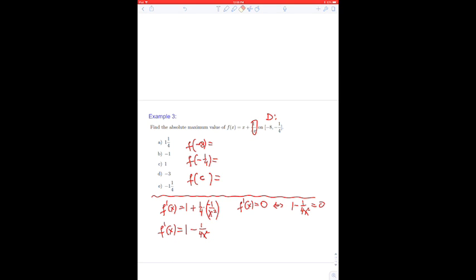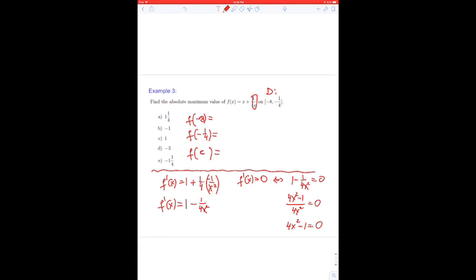Okay, let's get the common denominator: (4x squared minus 1)/(4x squared) is equal to 0. A fraction is equal to 0 if and only if the top of the fraction is 0, because we can't divide by 0. And this looks like x squared is 1/4, then x is positive or negative half.